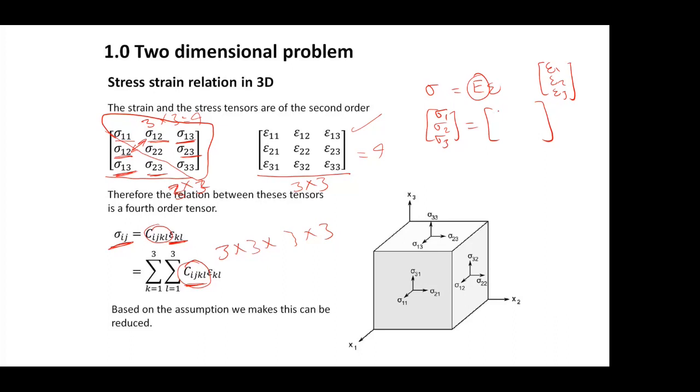So I'm going to call it for the time being C11, C12, C13, C21, C22, and C23, and C31, C32, and C33. All right. See, this is a 1x3 matrix. This is a 1x3 matrix. This is a 3x3 matrix. You see that? So this is not the same order. This is a different order. This is a higher order.